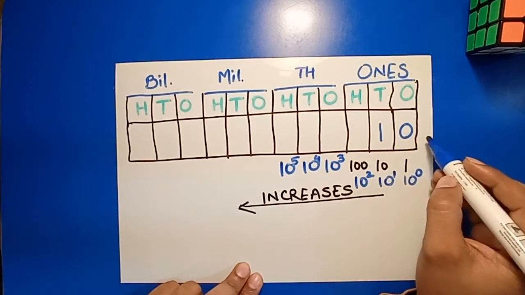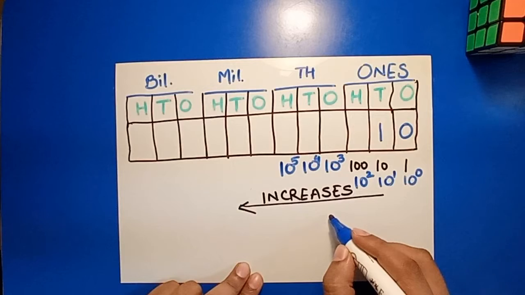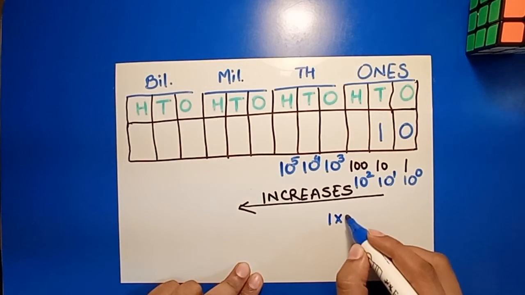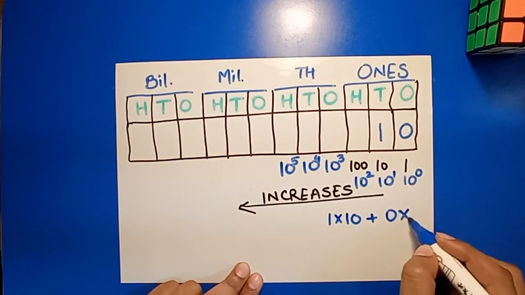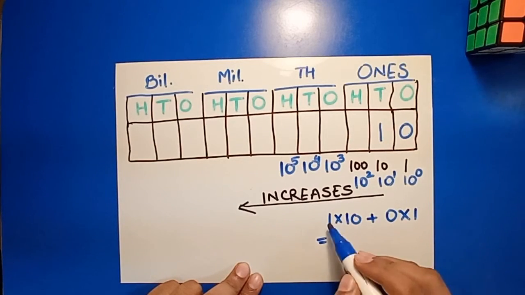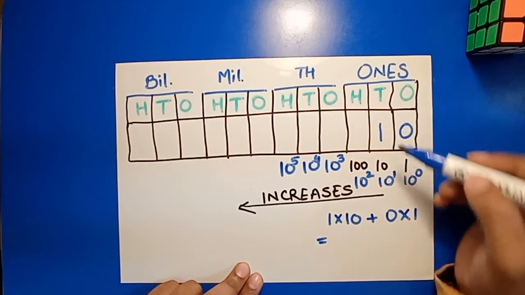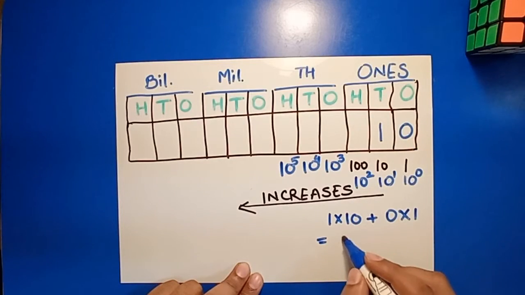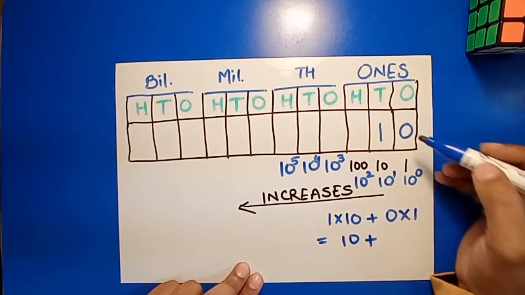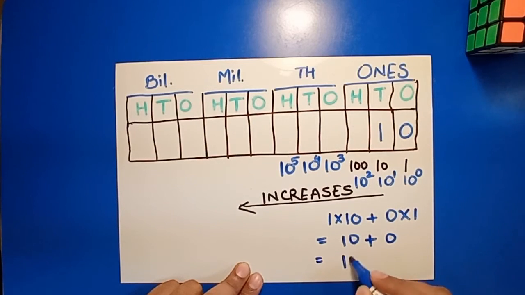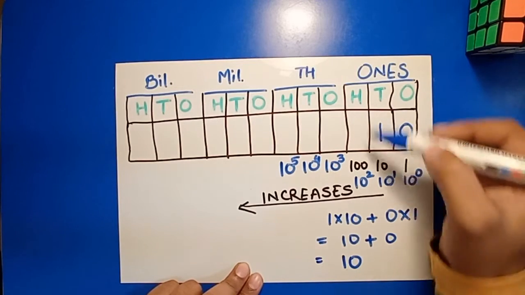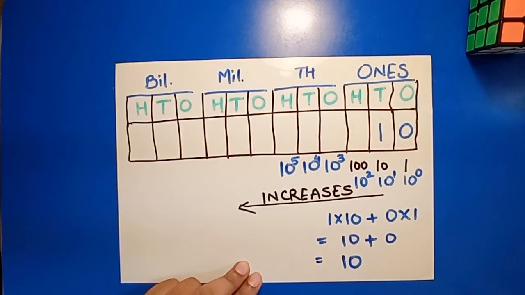So when I write it in place value terms, the notation becomes like this. So 1 comes from this tens place, multiplied by 10 gives 10, plus 0 multiplied by 1 gives 0, equal to 10. This is the value of this number, 1 0.